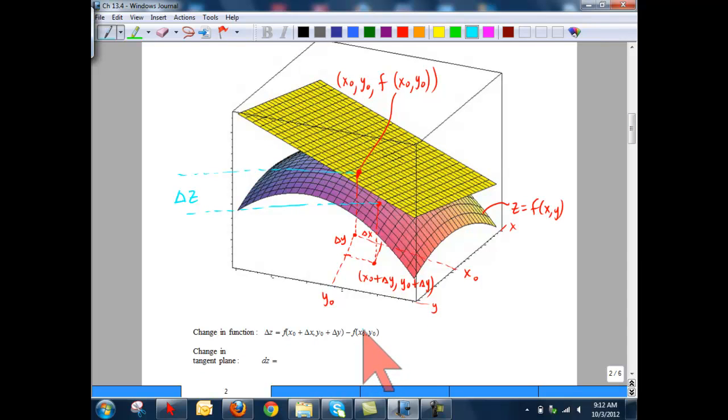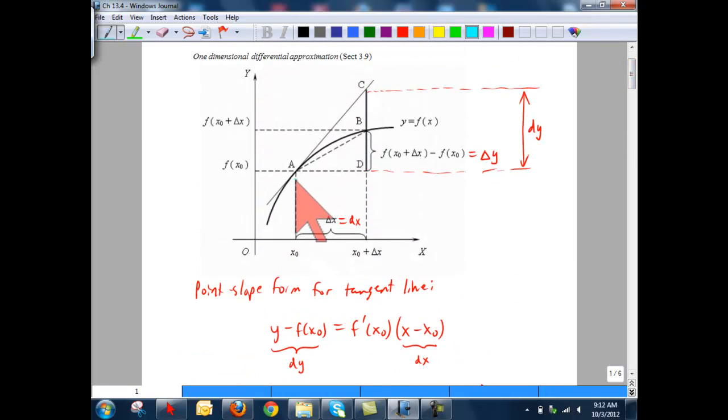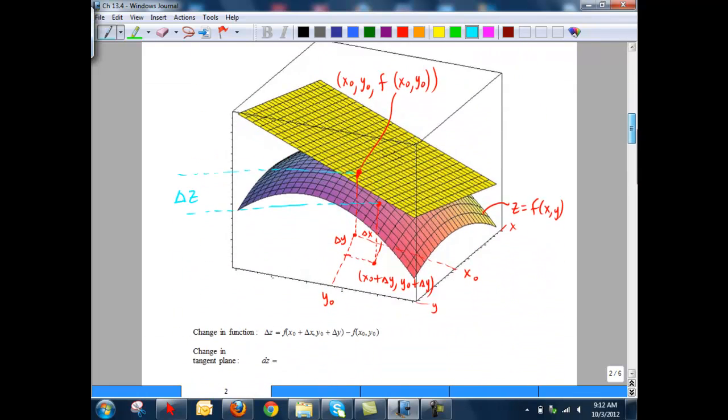Okay, one way of approximating that change is with a linear approximation. In one dimension, when we want to approximate a curve with something that is linear or straight, it's a tangent line. If the surface that I'm discussing is smooth, a way of approximating a curved surface is with a tangent plane.